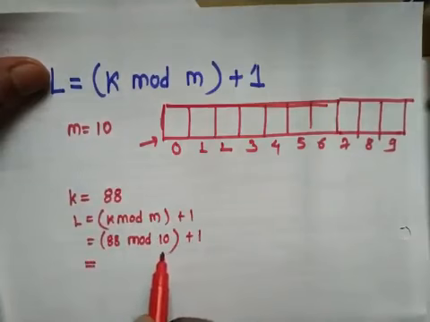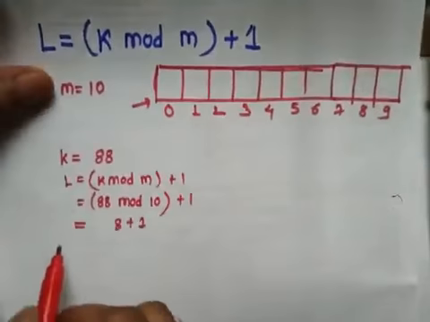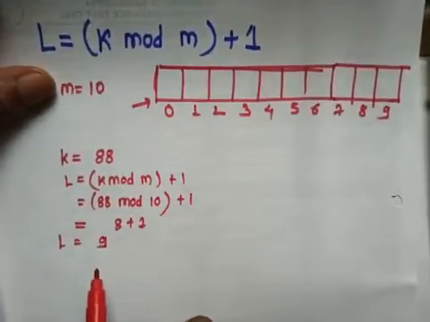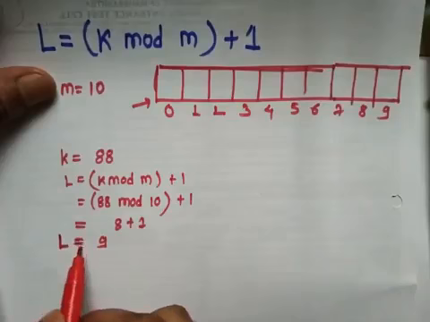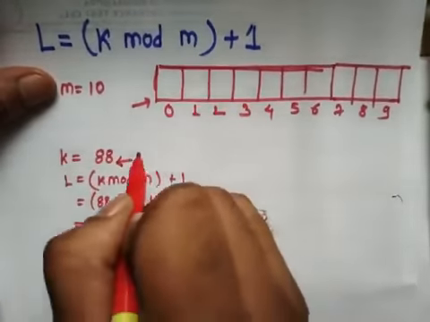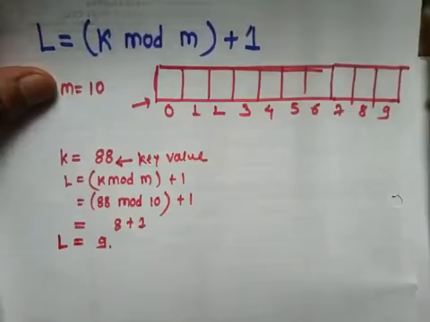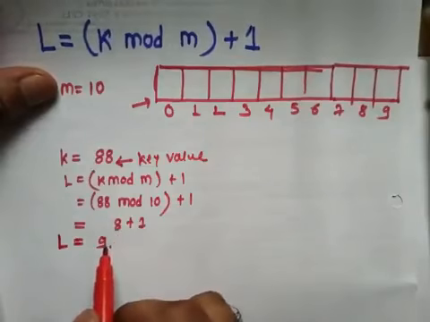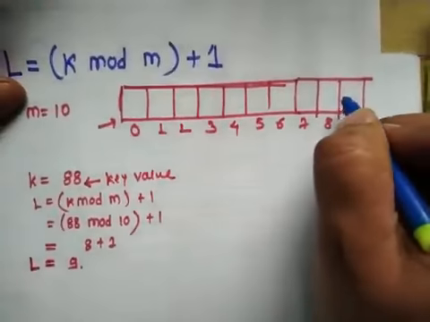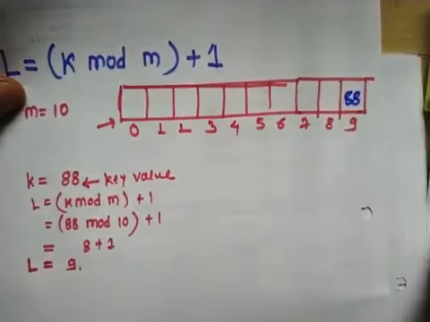So 88 mod 10 is 8, plus 1. So at location number 9, meaning index location 9, we are going to store this key value. So let's put that 88 over here. Got it?